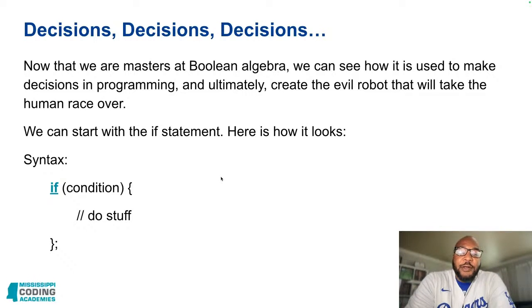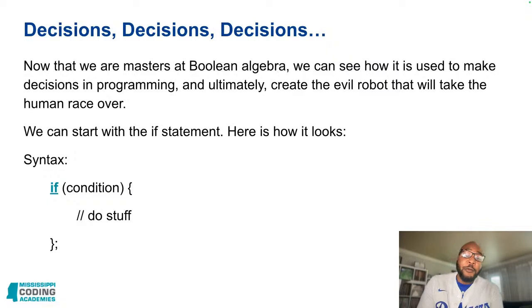All right, so here we go. Now that we're masters at Boolean algebra, all of a sudden, with those few slides that I gave, we can see how it is used to make decisions in programming and ultimately create the evil robot that will take the human race over. And we do that with the if statement, because, that's right, Robin, the evil robot.